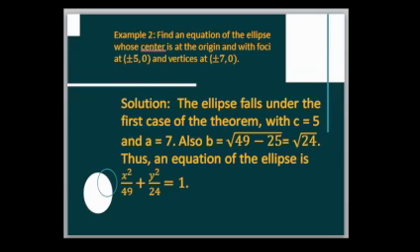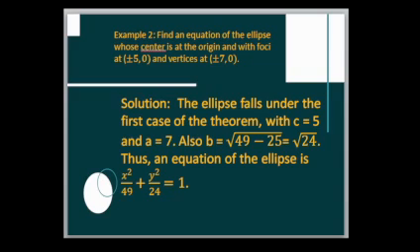So how to get b? We have to get the square root of a squared minus c squared. So a squared is 49 because 7 squared is 49, and c squared is 25 because 5 squared is 25. So 49 minus 25 is 24. So the value of b is the square root of 24.